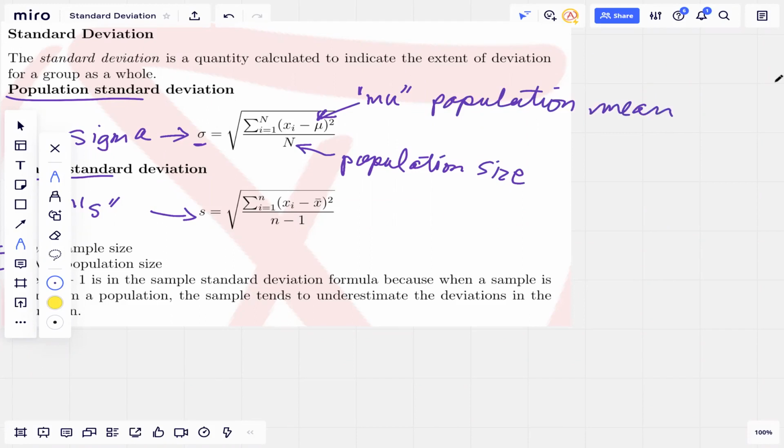Okay, so now xi, that represents the value of the ith data point.